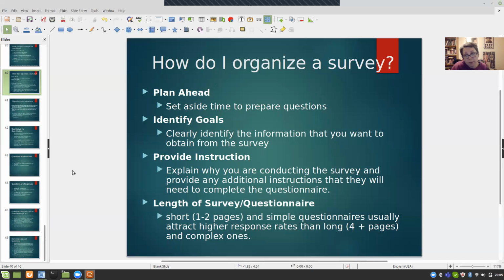And so they may not even start it if they see, okay, this is going to take 45 minutes or there's 75 questions. People are not going to want to respond to that. Qualtrics, the software that UK has that I mentioned, it actually calculates intuitively how long the survey will take somebody to complete, and it tells them that when they first access the survey. So keep that in mind.